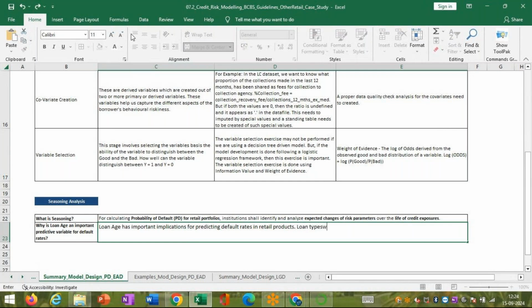The loan types with long effective maturity have loan age as a predictive factor for default, since with time the riskiness of the exposure increases. So with time, the riskiness of the exposure increases.